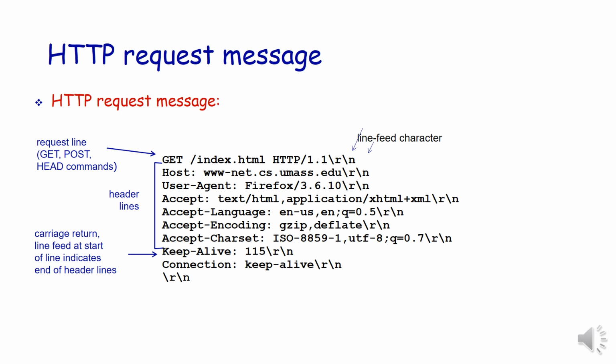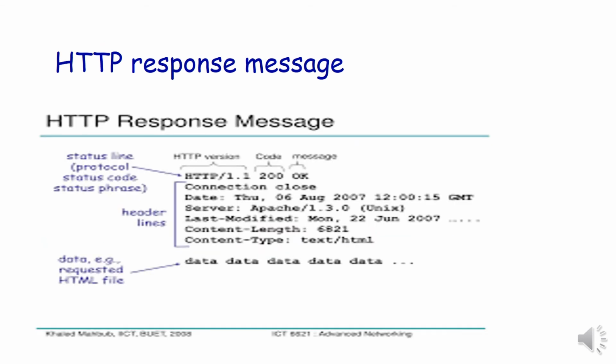Next is an example of a response message. Here also the version number is the first one, HTTP 1.1. The server and the client use the same version. Then the status code; various status codes are there. 200 is a sample code, and 404 you might have seen.